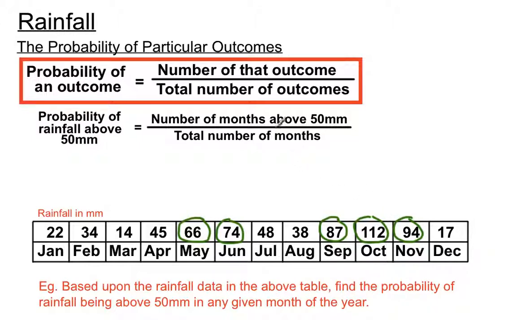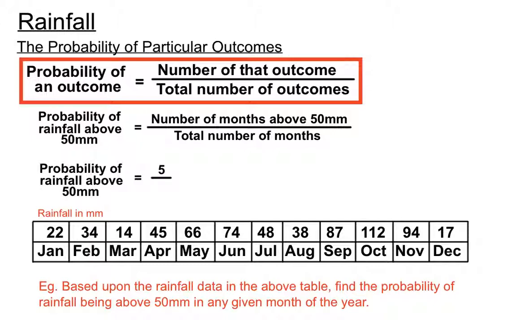So we have 5 items that we're looking for out of a total of 12 months. So the probability of rainfall being above 50 millimetres is 5 over 12 in this case.